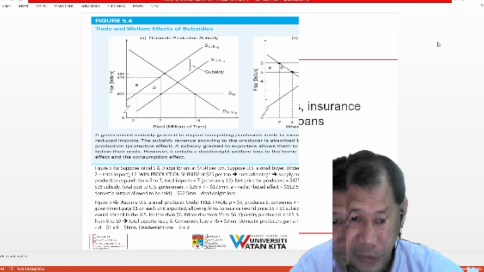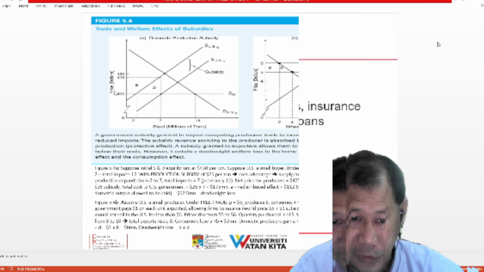On the left, this is the domestic production subsidy. Suppose initially this is the supply and demand equilibrium at 430. Suppose the US is a small buyer under free trade.